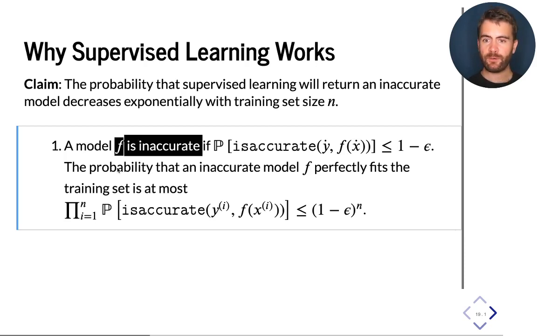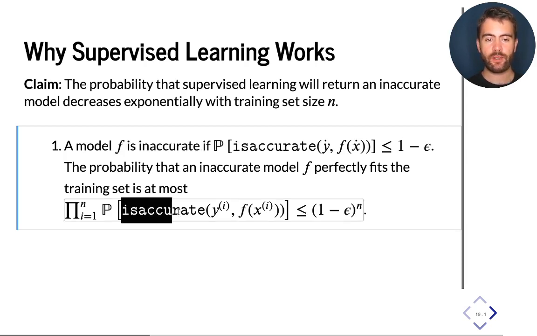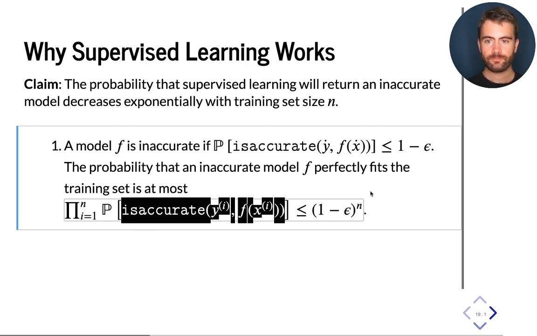If f was chosen, then f must have fit the training data perfectly. So it means that it is accurate on every training input y_i and x_i.